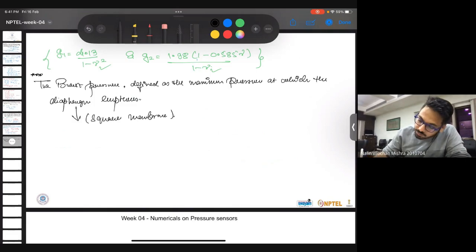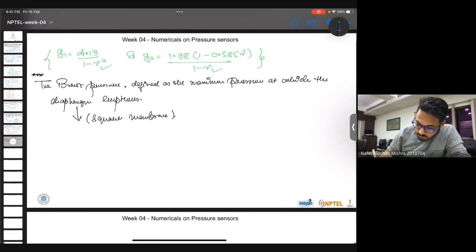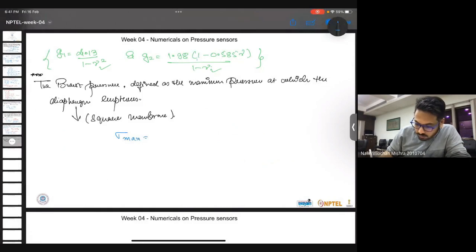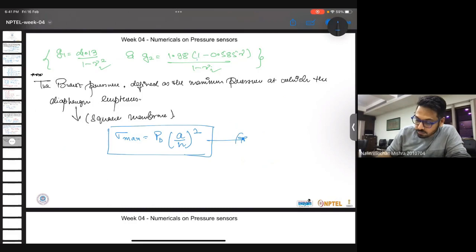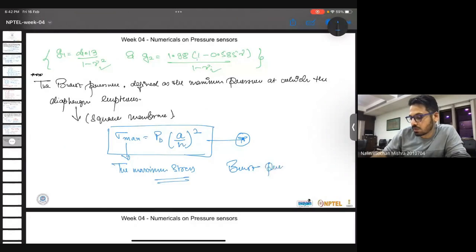So it is given by sigma max equals burst pressure PB times a by h square, where this is basically the maximum stress. So this burst pressure is related to the maximum stress.